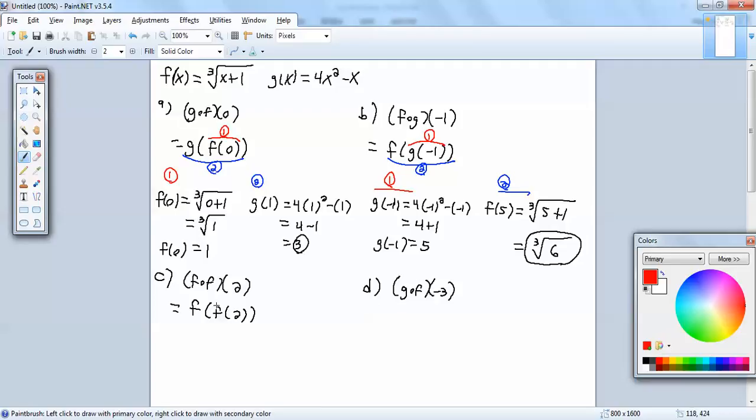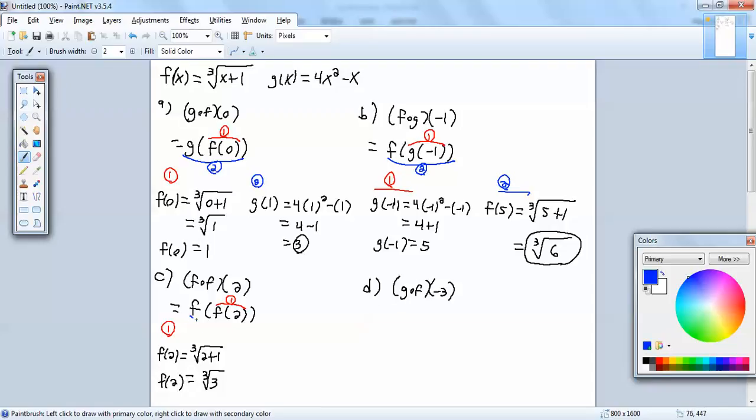Now we're going to focus on what's inside. So we're going to find f of 2. F of 2 will be the cube root, and we're plugging 2 in for the x. So we're going to have 2 plus 1, which gives us a cube root of 3. And that's what f of 2 is equal to.